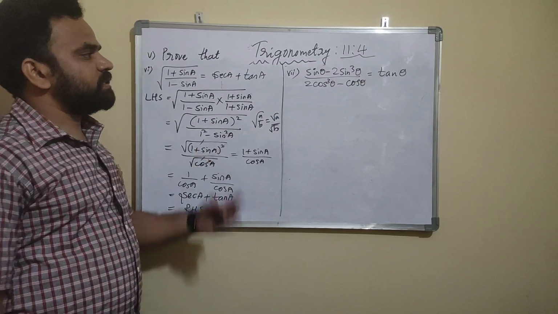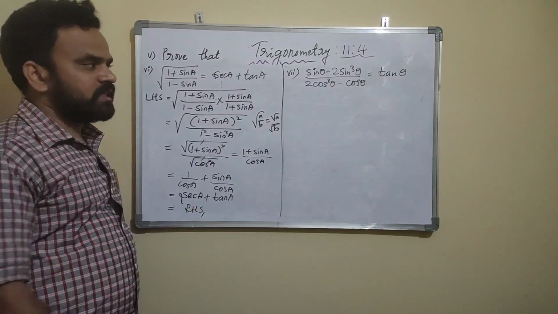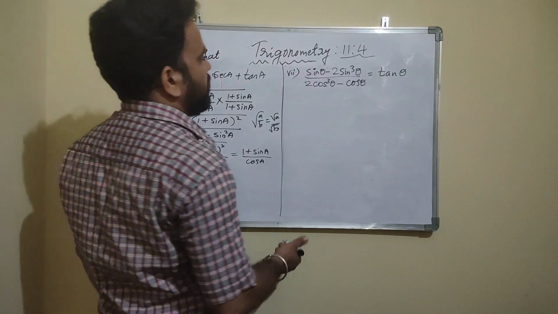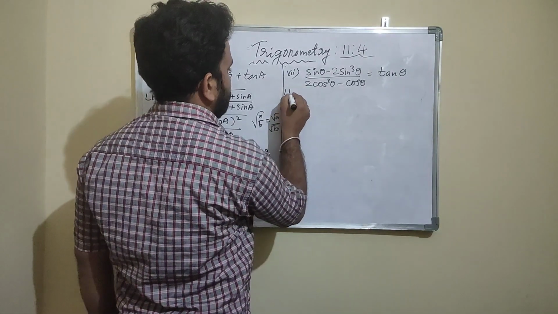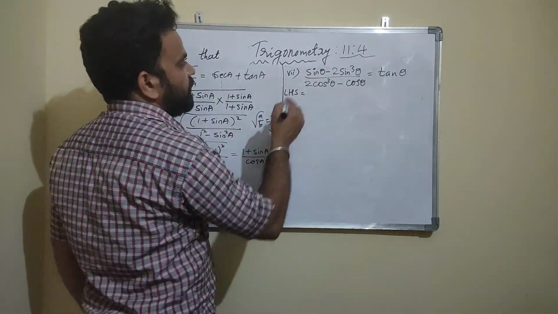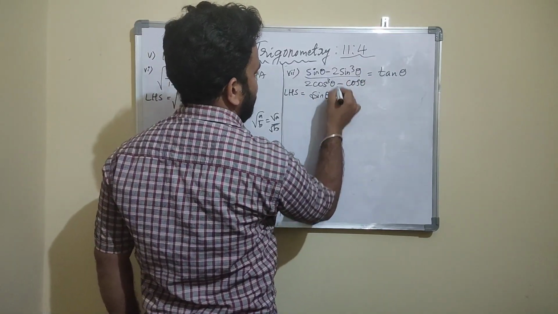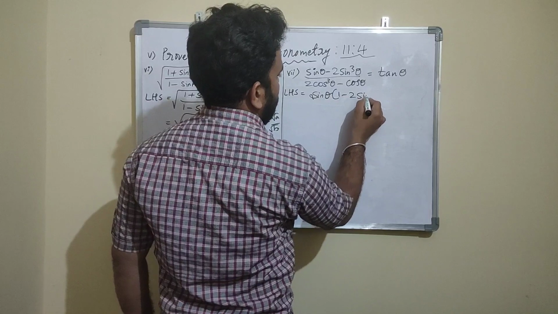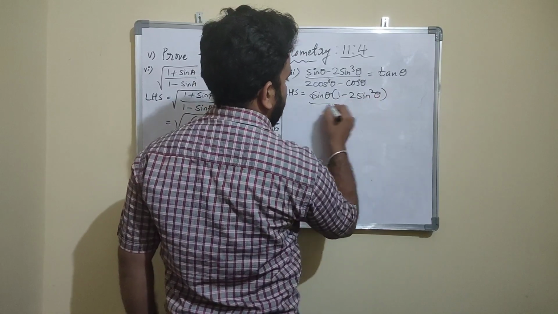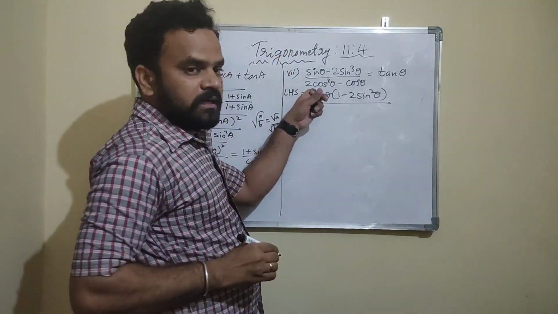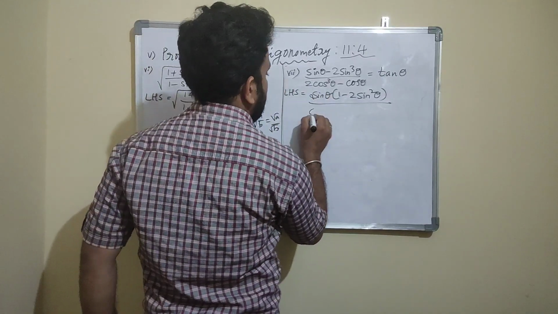Okay, this is also same. We can solve it easily if you know some basic identities and formulas. So here also I will take LHS. Here also sin, here also sin. I will take sin theta common. Here remaining is 1 minus 2 sin square theta, divided by, in the denominator also you see I can take cos theta common.